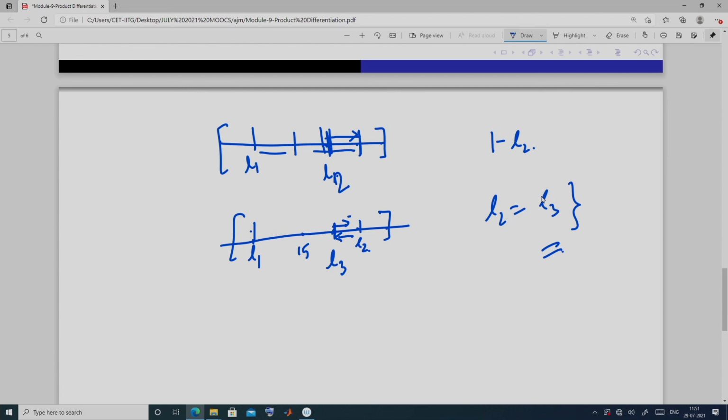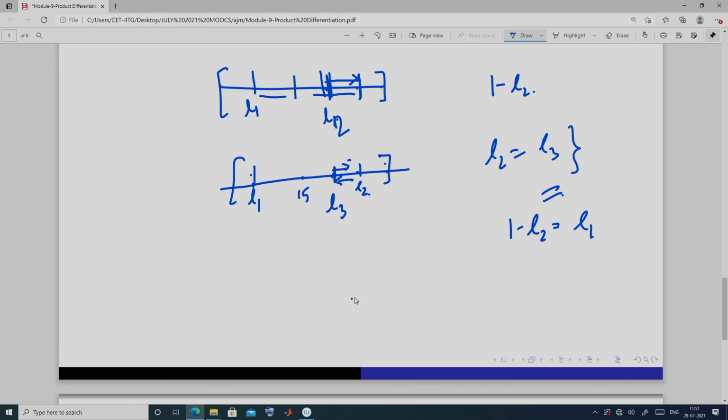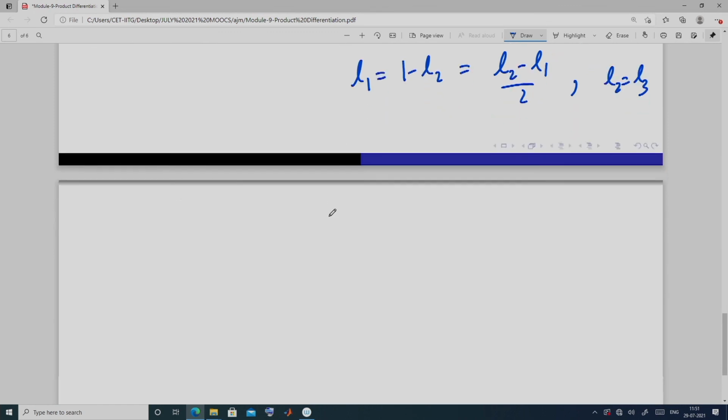Now, this should be true when 1 minus L2, this distance, is equal to L1, this distance. So, from this we get a condition that L1 must be equal to 1 minus L2, and L2 is equal to L3. When we solve this, what do we get?